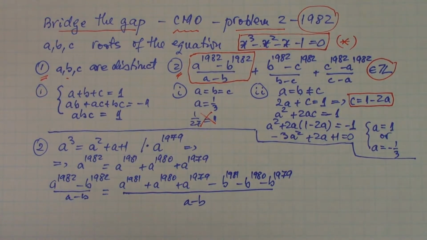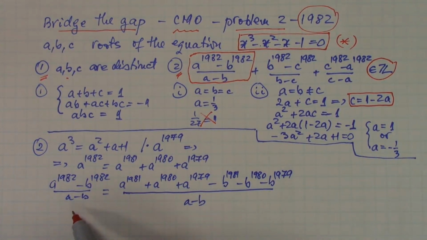Well, is this helpful? Because from what I see here, this fraction actually looks more complicated than what we started off with. But actually, instead of having 1982 here, we have 1981, 1980, 1979. So we kind of got a recursive relationship.